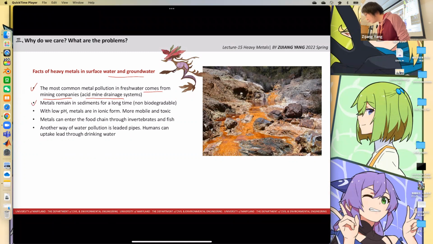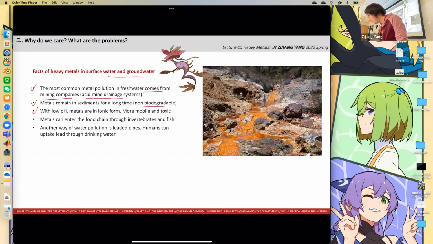And the metals remain in the sediments for a long time because they are non-biodegradable. They form sediments because there is alkalinity in the environment, so the pH of the water may stay relatively high. And finally, they will form precipitations in these water bodies.